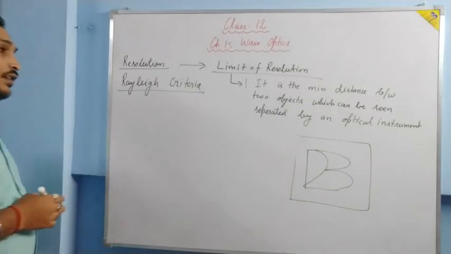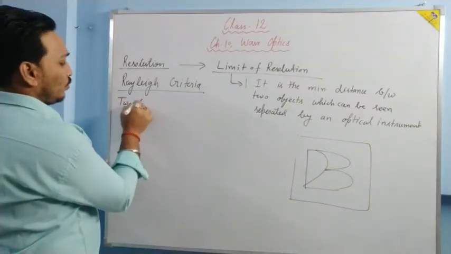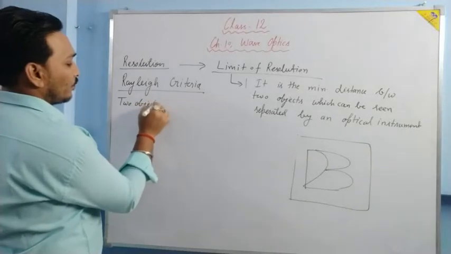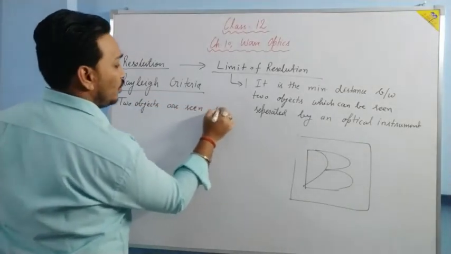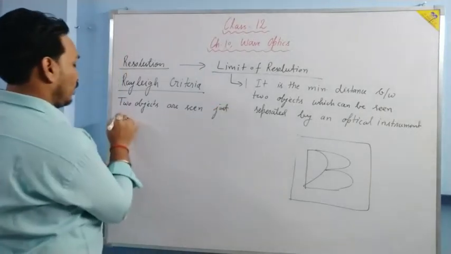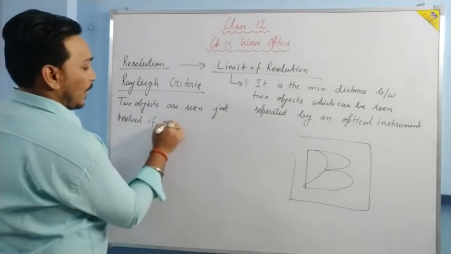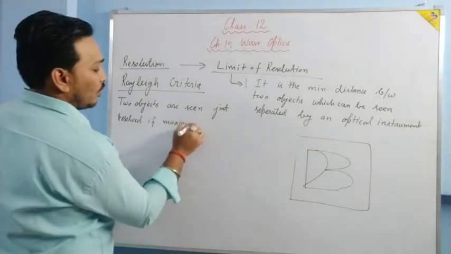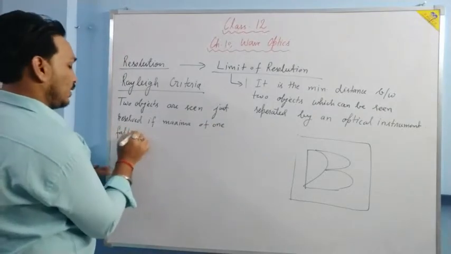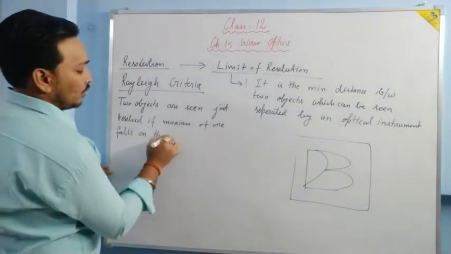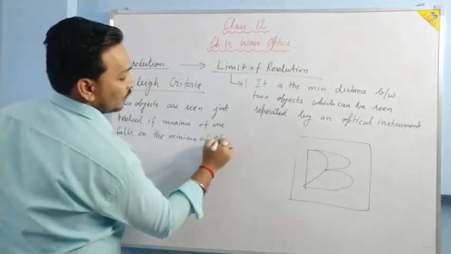Rayleigh says that two objects are seen just resolved if the maxima of one falls on the minima of the other.